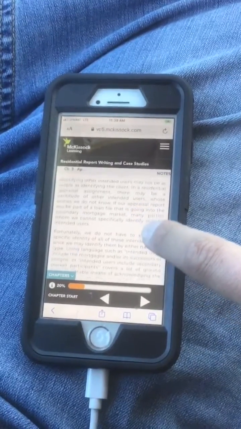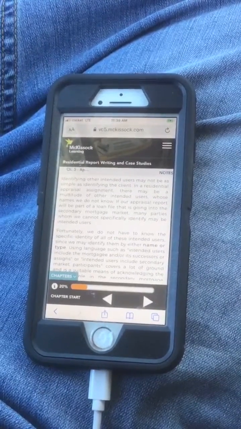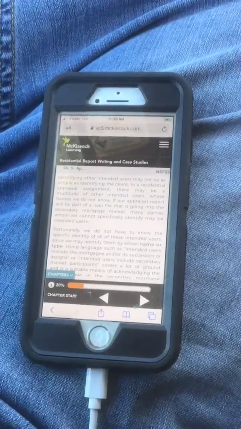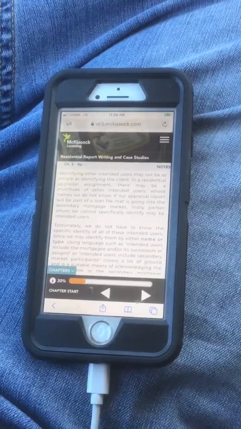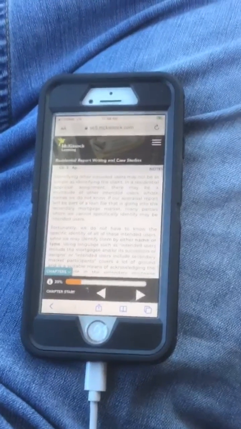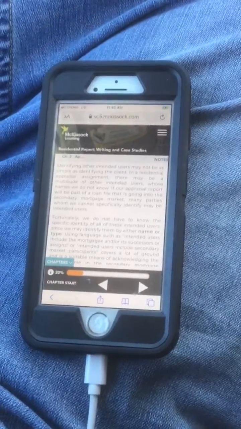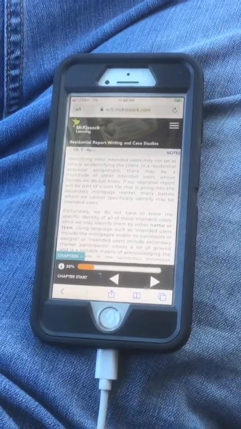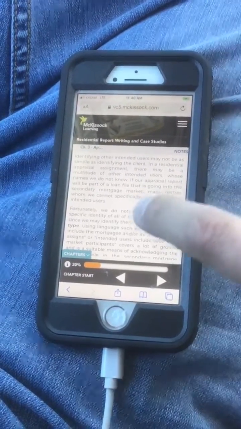Clients and intended users. Identifying other intended users may not be as simple as identifying the client. In a residential appraisal assignment, there may be a multitude of other intended users whose names we do not know. If our appraisal report will be part of a loan file that is going into the secondary mortgage market, many parties whom we cannot specifically identify may be intended users.